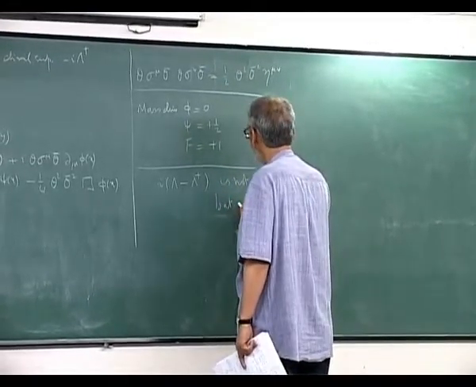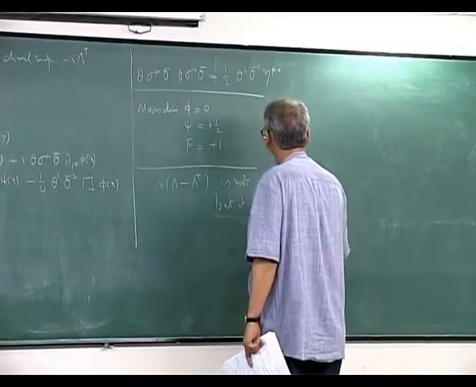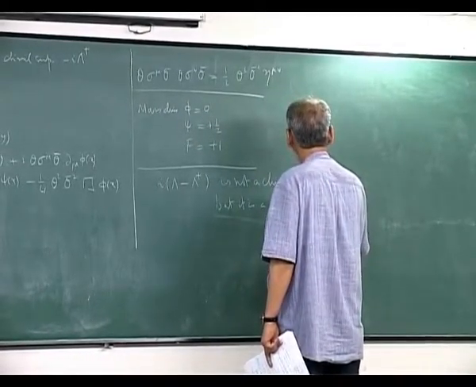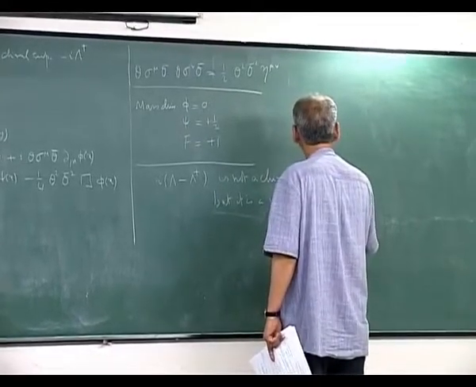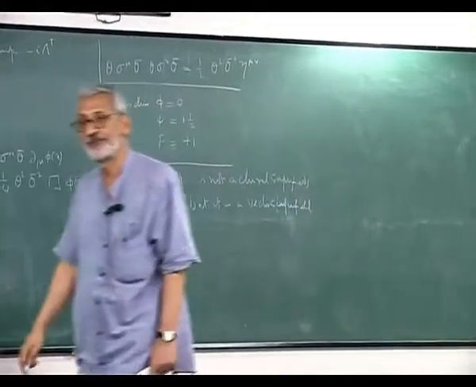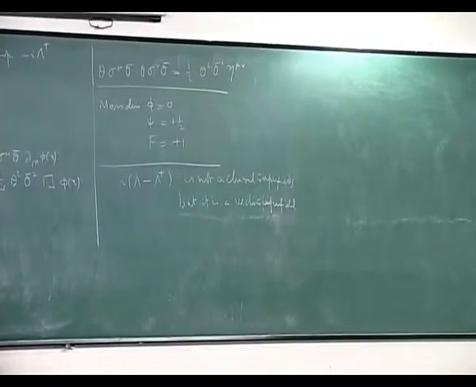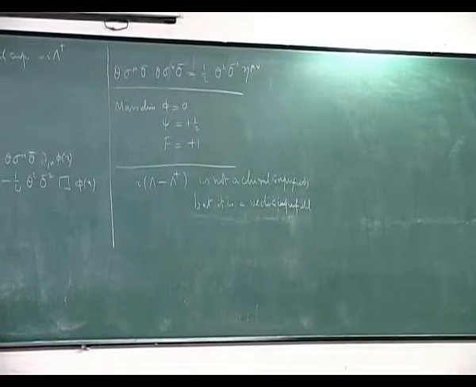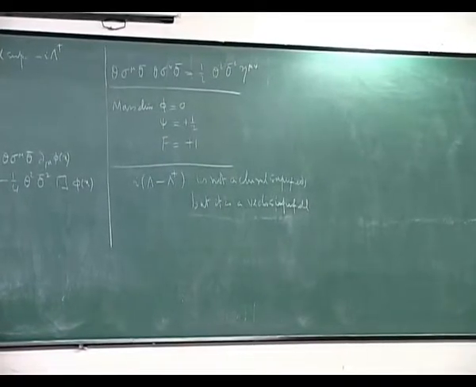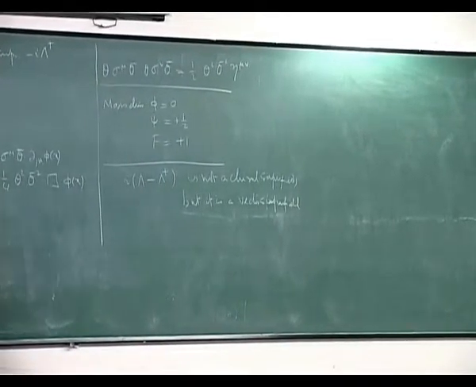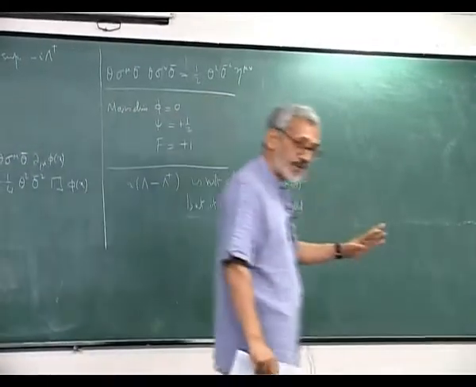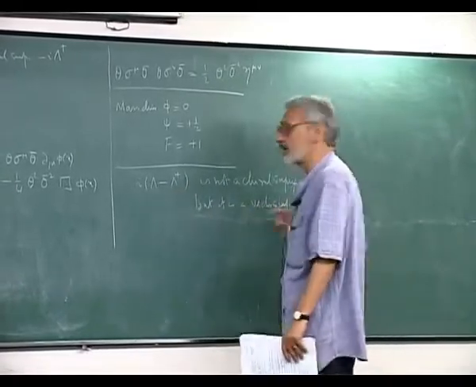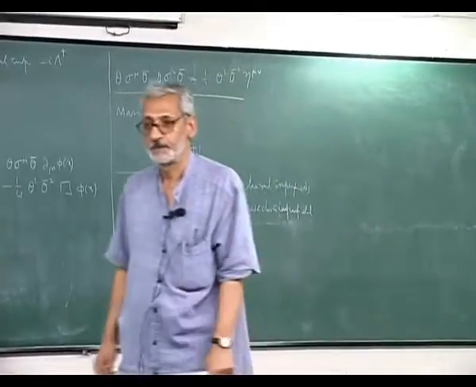But it is a vector superfield, because it's real. It satisfies the reality condition. So what I have done is I have used two chiral superfields, a chiral superfield and an anti-chiral superfield, and I have added them up and constructed a vector superfield.